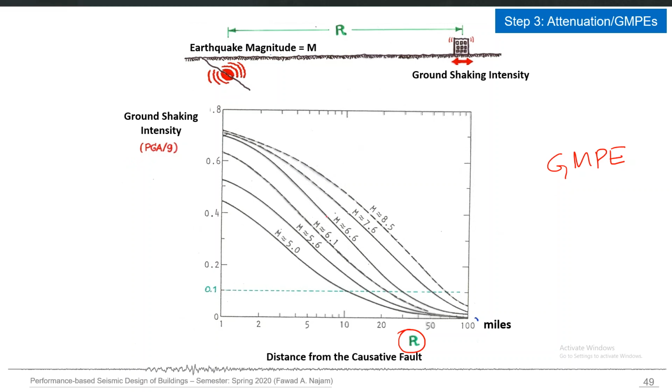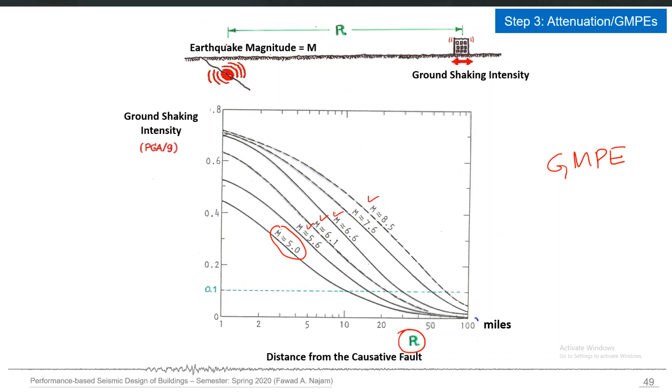So for different magnitudes, for different local soil classes or types, or for different faulting mechanisms of faults, you will have different lines. Here you can see that for magnitude 5 you have this line, then 5.6, 6.1, 6.6 and 8.5.